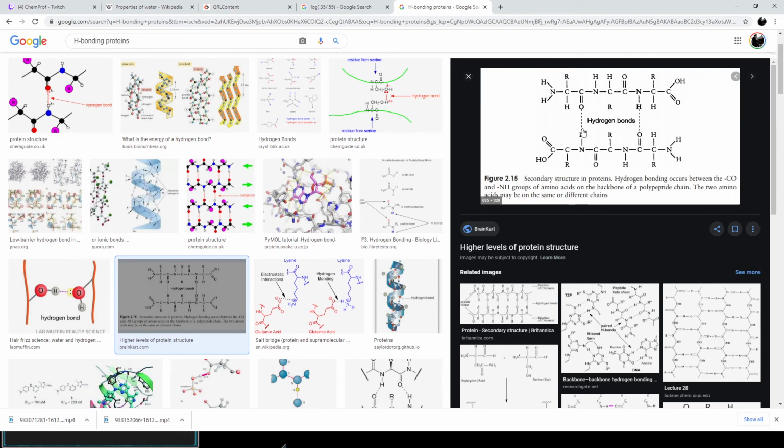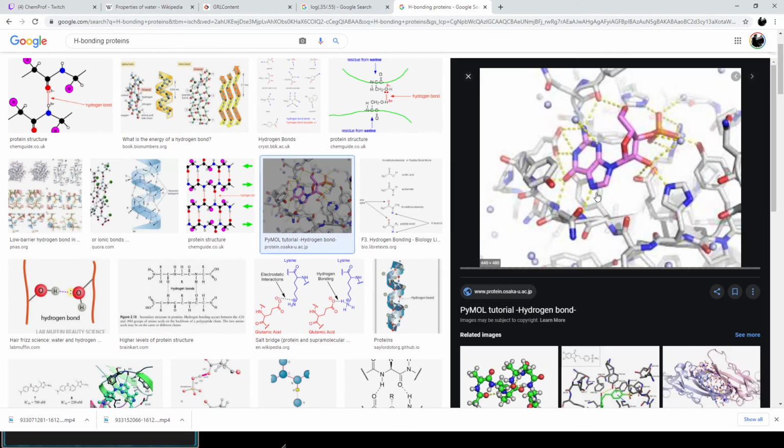That's going to create what you've perhaps heard of as alpha helices and beta sheets that really hold proteins together. I know this one's a bit more complicated, but you can see in 3D that hydrogen bonds allow these molecules to fit exactly where they should be fitting in proteins.